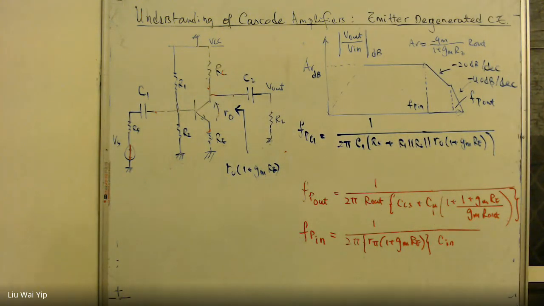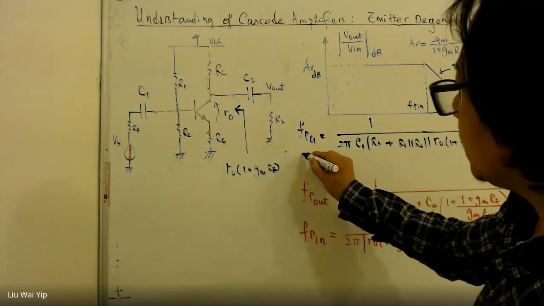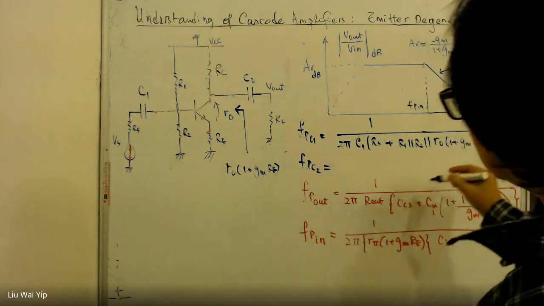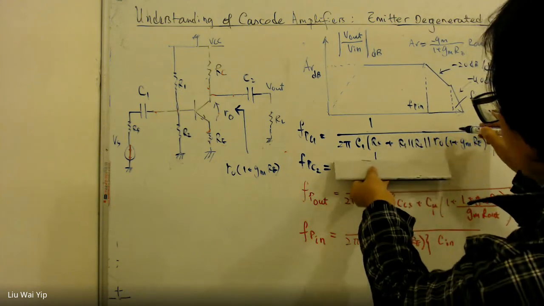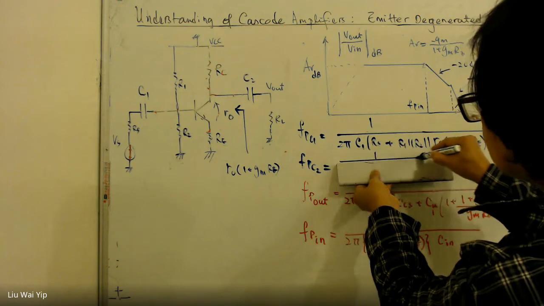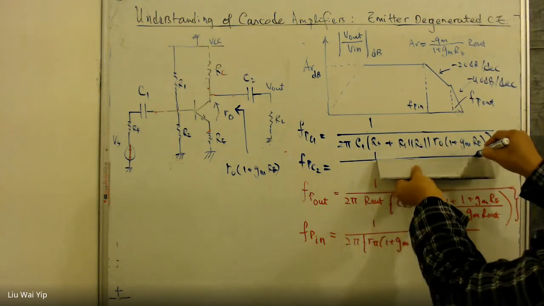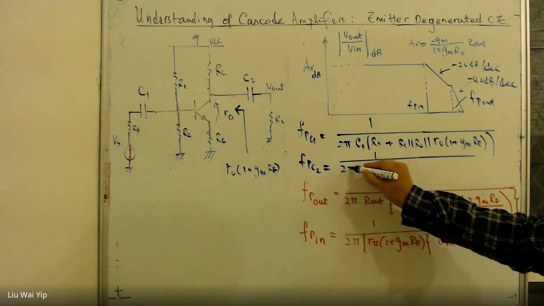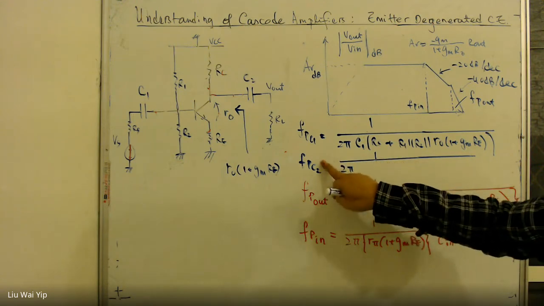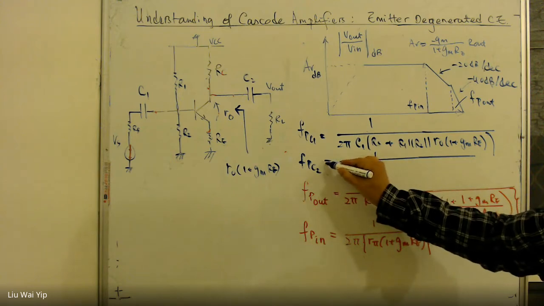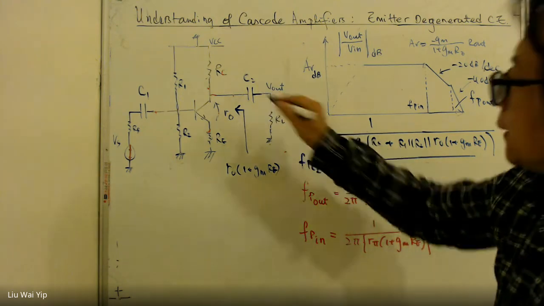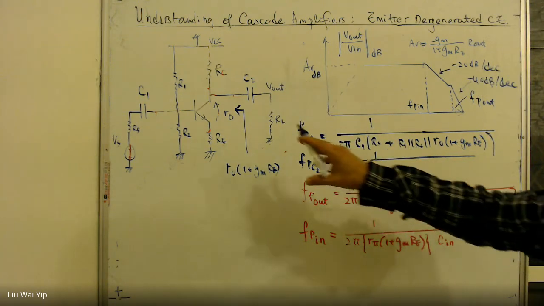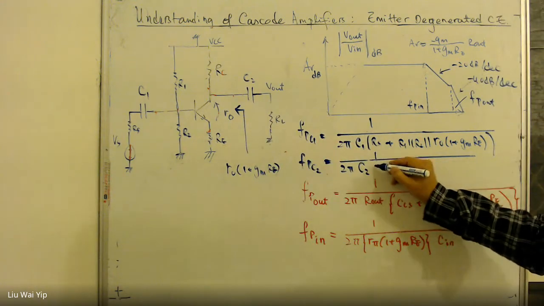So now we can just work this out. FPC2 is equal to 1, and then chunks of expression. I hope you can read it very carefully. 2 pi, and then C2, which is the output capacitance here, and then the resistance. Let's take a look.